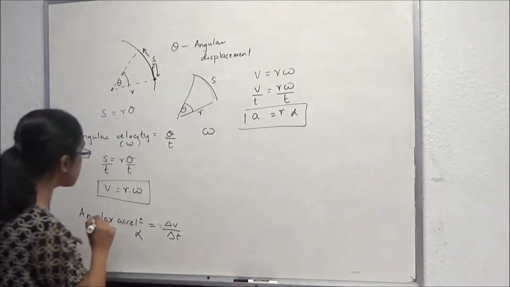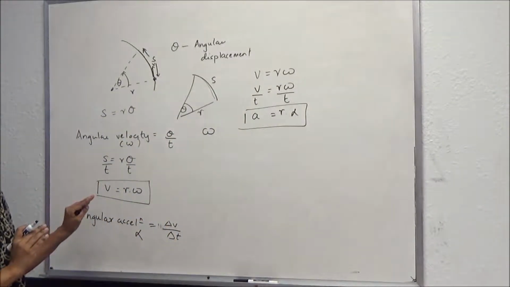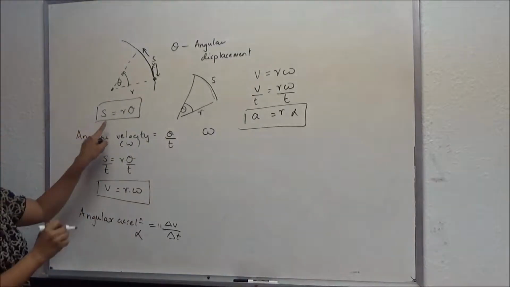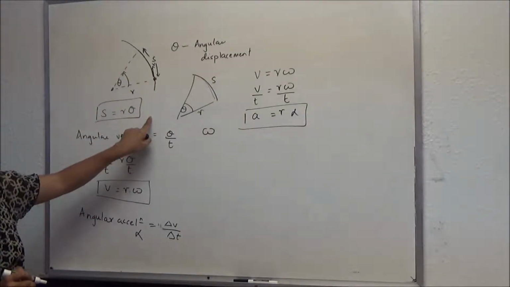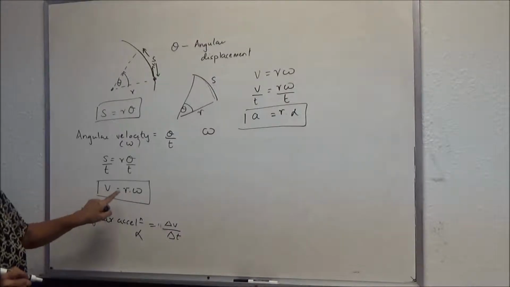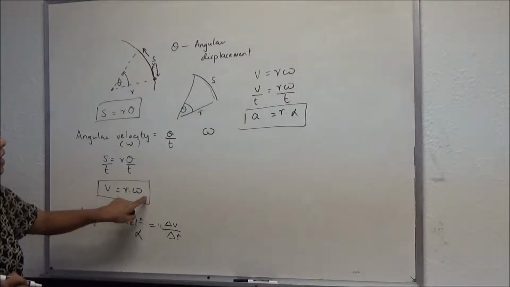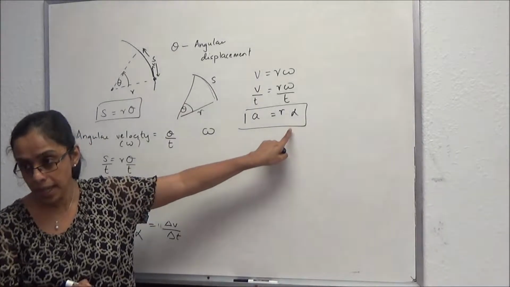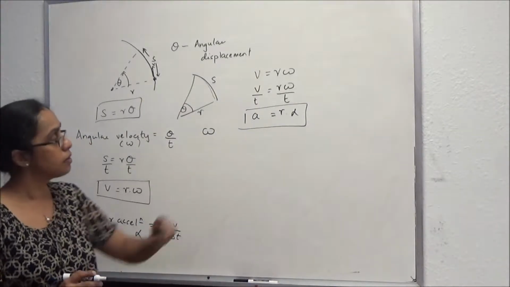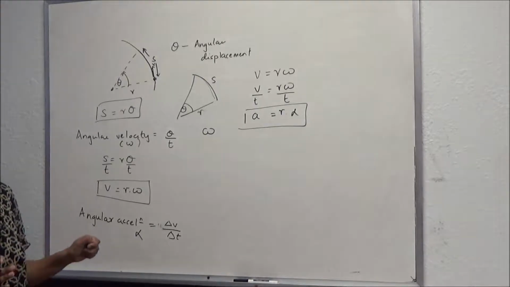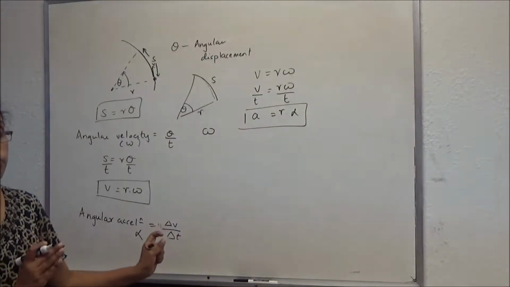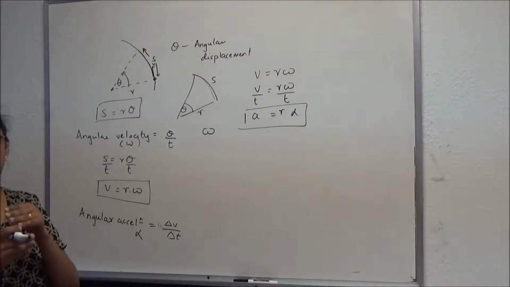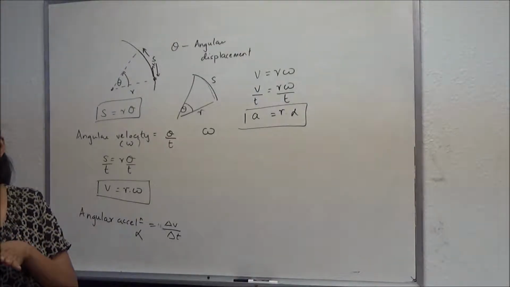Now do you see a certain relationship? S equals R theta, V equals R omega, A equals R alpha. Do you understand that? Okay. So always the linear component is equal to the radius times the angular component.